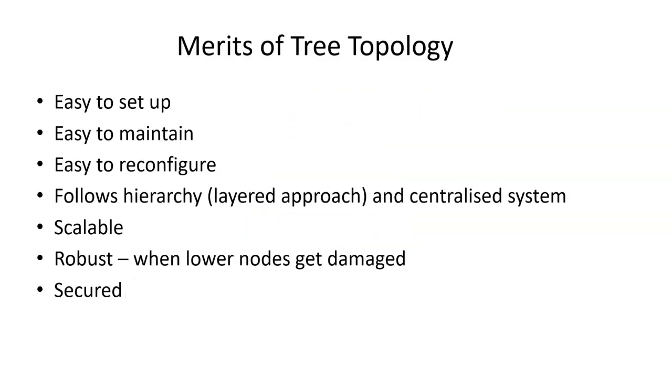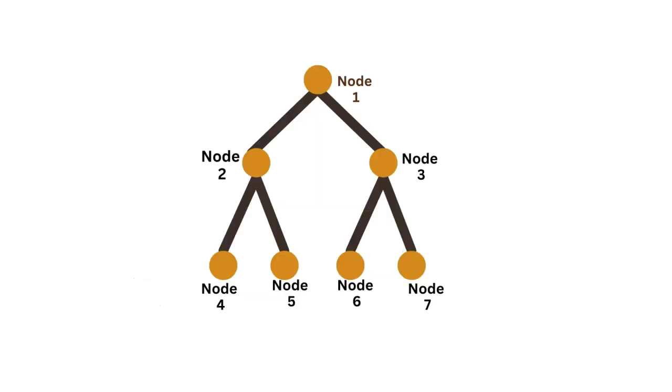And one more merit is that this tree topology is secure. Here we can say that data is arranged in a proper hierarchical order, and we can store data at a central location, means there is centralized administration as far as data security is concerned. That's why data is secured here in tree topology.